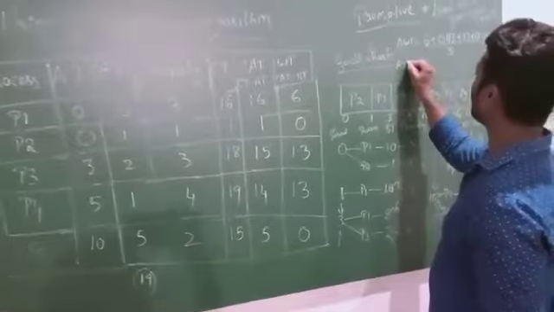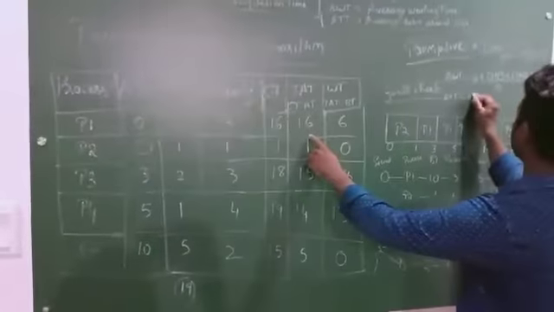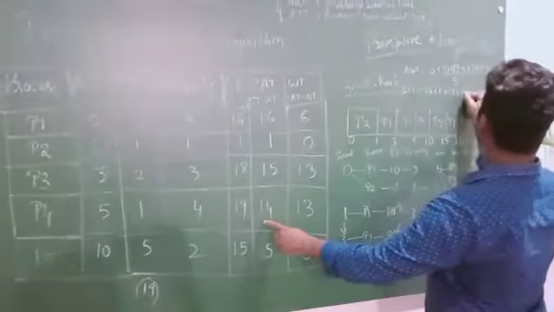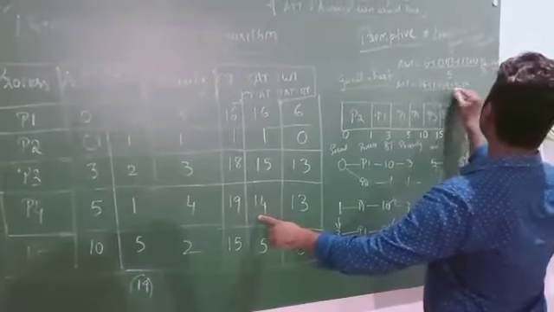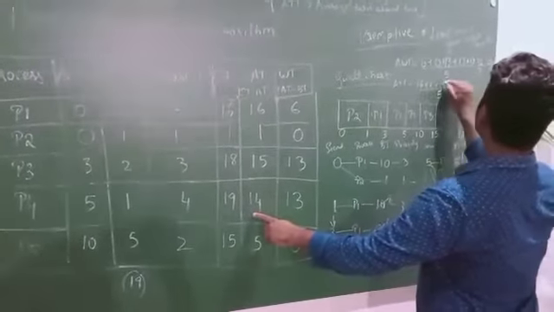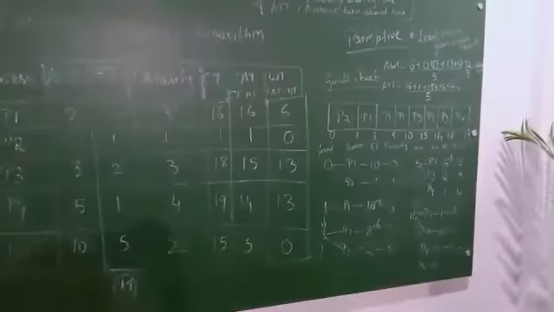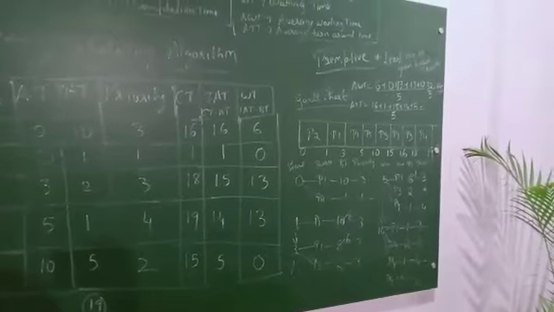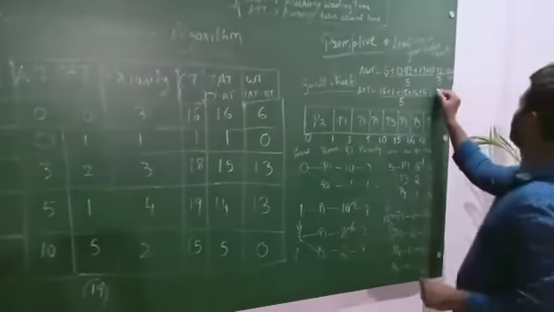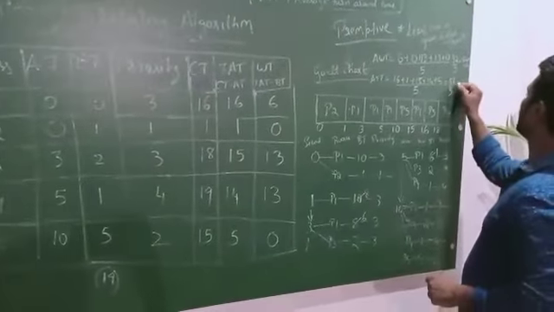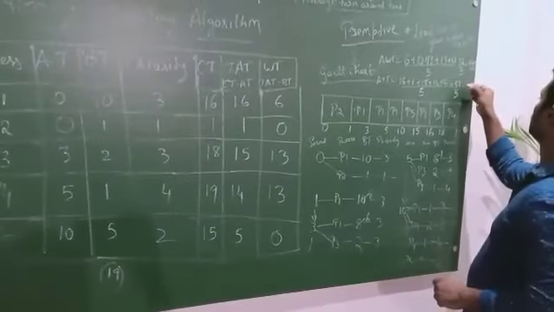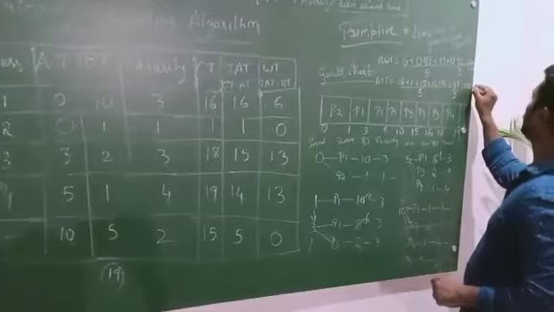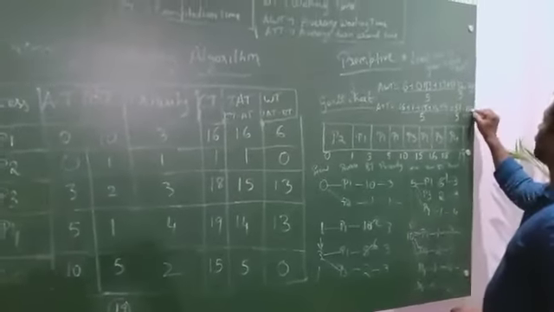Average turnaround time: 16 plus 1 plus 15 plus 14 plus 5, divided by 5. That is 51 divided by 5, which is 10.2 milliseconds.